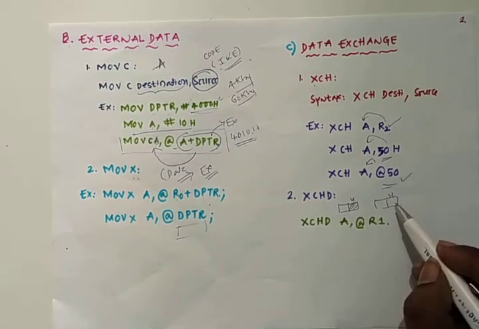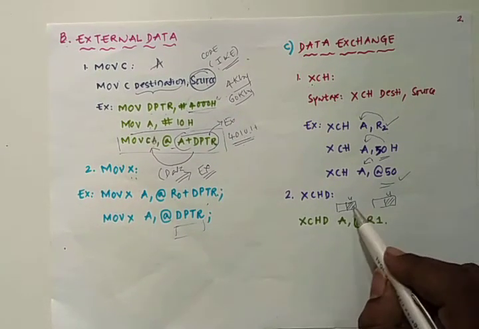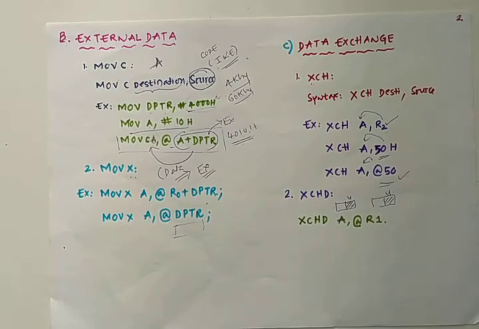The lower 4-bit will be exchanged between the source and destination, and the higher significant digit, that is the higher nibble, will remain the same. The most significant digit, that is the higher nibble of the destination and source, does not change, and that is named exchange digit. We will be exchanging the digit, that is called the XCHD instruction.